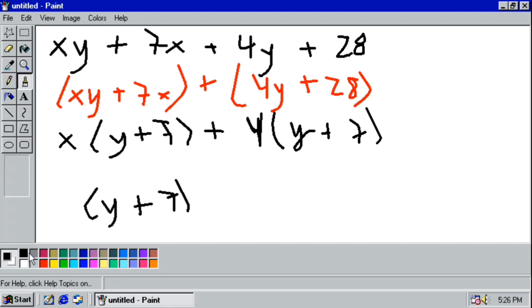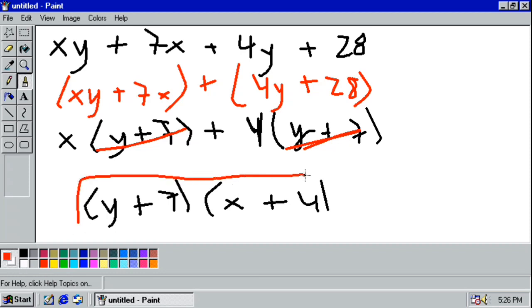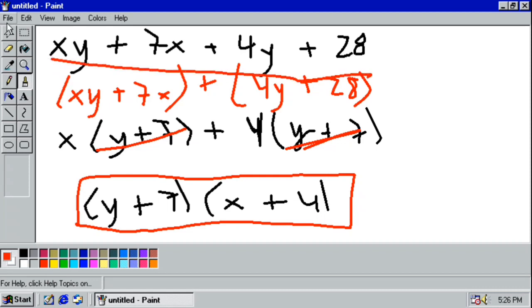Now cancel the 7. So you have x plus 4 left. You're going to write it in another parenthesis. So these are the factors of this expression.